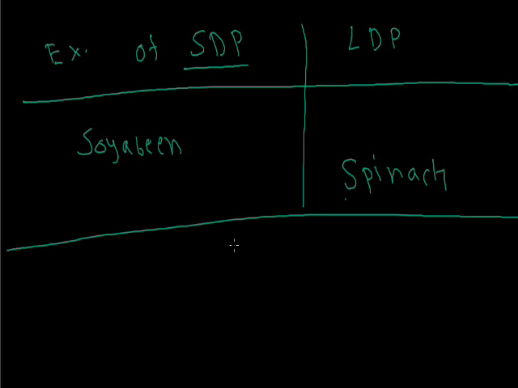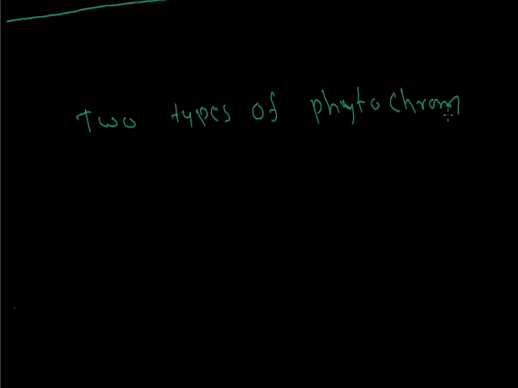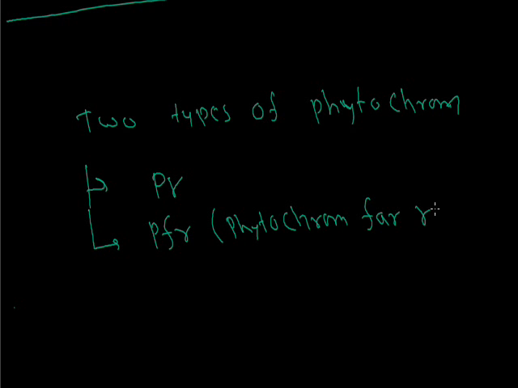Okay, and now how does this procedure work in long day and short day plants? There are two types of phytochromes. One is PR, phytochrome red, and the second is PFR, phytochrome far red.